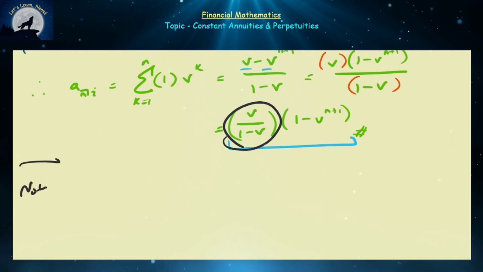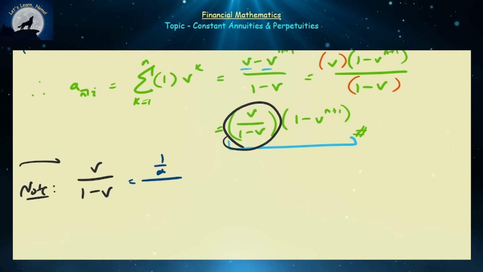All right? So what is nu all over 1 minus nu? Remember, nu, the periodic discount factor, is just the reciprocal of the periodic accumulation factor. So we can write that as 1 over alpha all over 1 minus 1 over alpha. And what I want to do is put that over alpha to get a common denominator so I can subtract those bottom fractions.